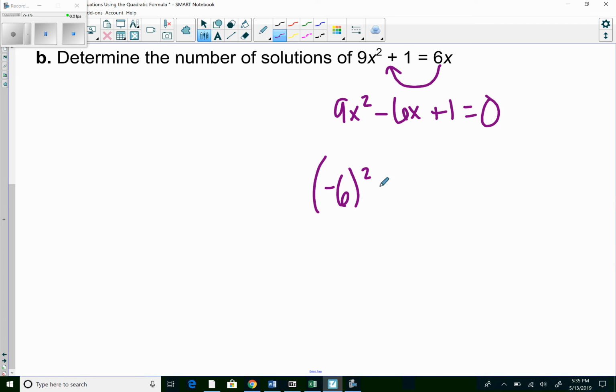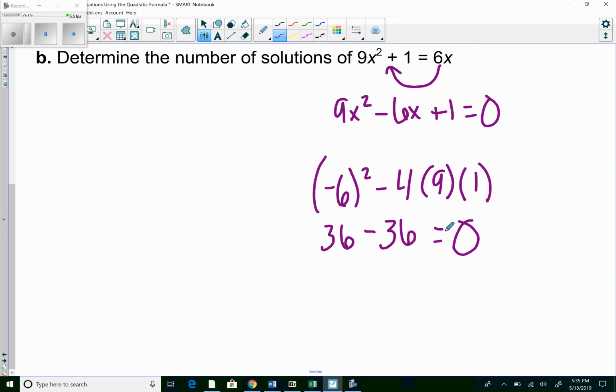So negative 6 squared minus 4, your a term is 9, your c term is 1. So you get 36 here. 4 times 9 is also 36. So you come up with 0, which means that there is 1 real solution.